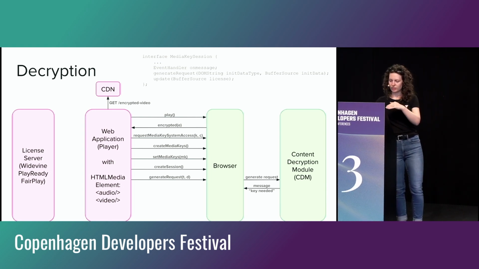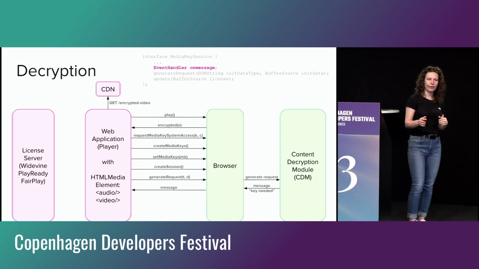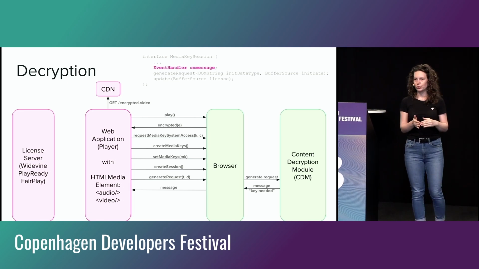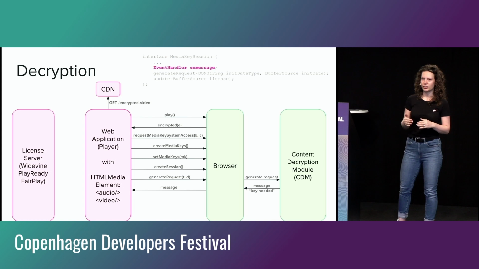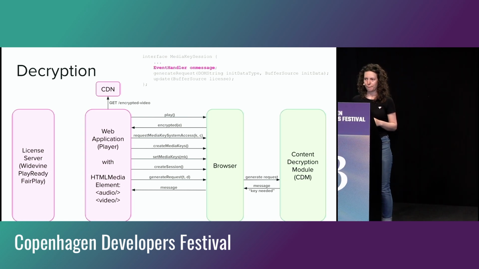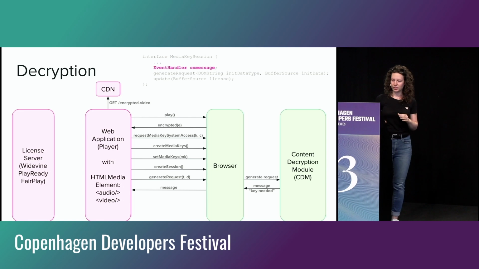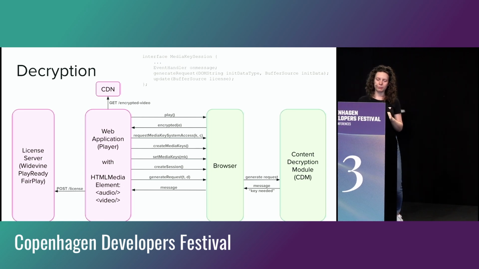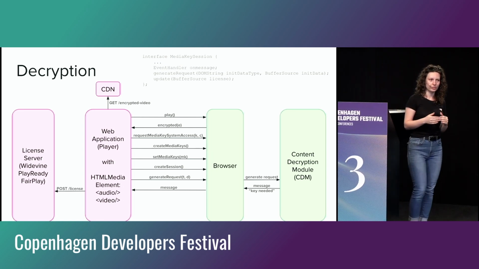This message is then emitted by the browser. And on the player side, we listen for such messages through the onMessage event handler. So once we receive that message, we make a post request to the license server.